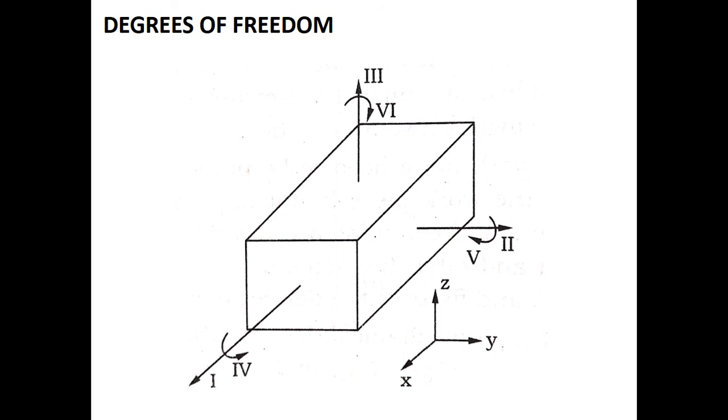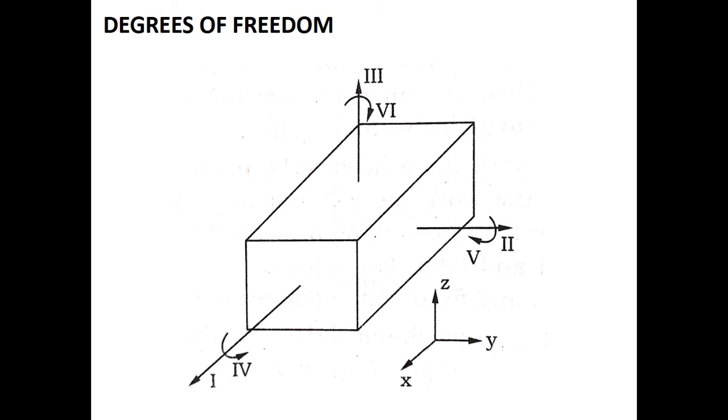It has freedom to move in 6 directions, 3 linear and 3 rotational. That is what degrees of freedom means, the freedom of movement of the body with respect to the coordinate axes.